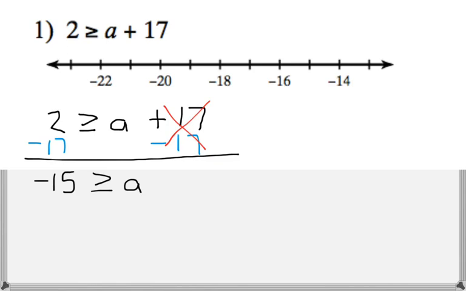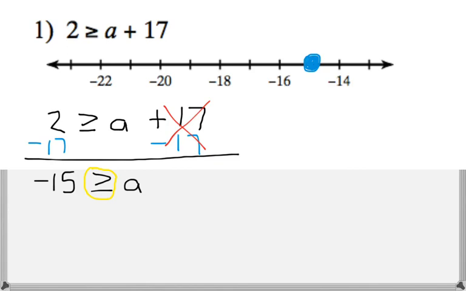If you remember when we went over graphing inequalities, we needed to identify whether we needed an open circle or a closed circle. We have a greater than or equal to, so that means we need a closed circle at that negative 15. So here's our negative 15, and we would go ahead and close in that circle. And we want everything that negative 15 is greater than the a.